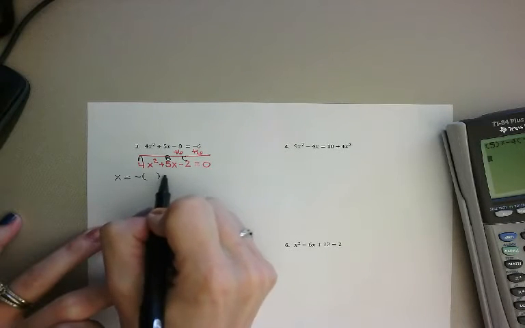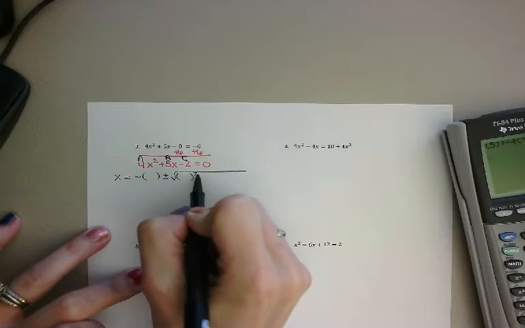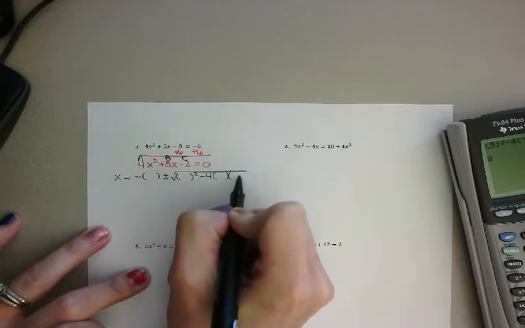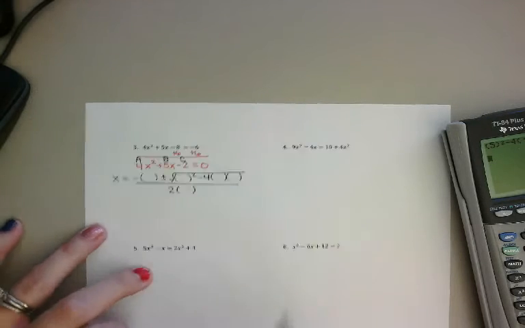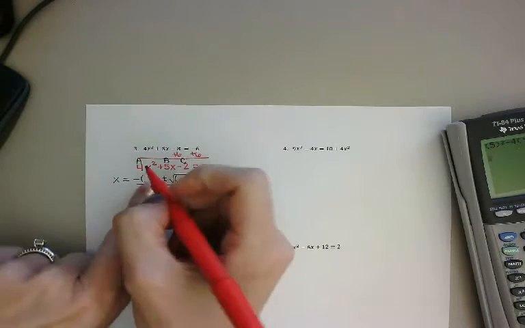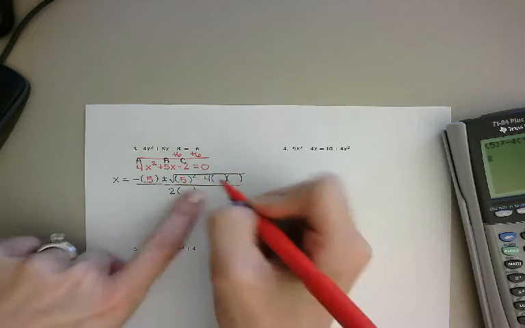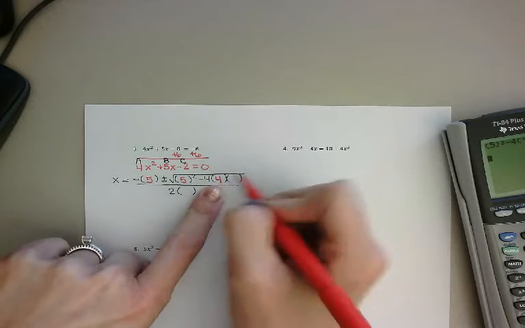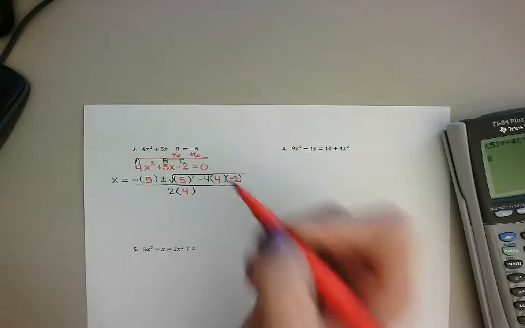So -b plus or minus the square root of b squared minus 4ac all over 2a.